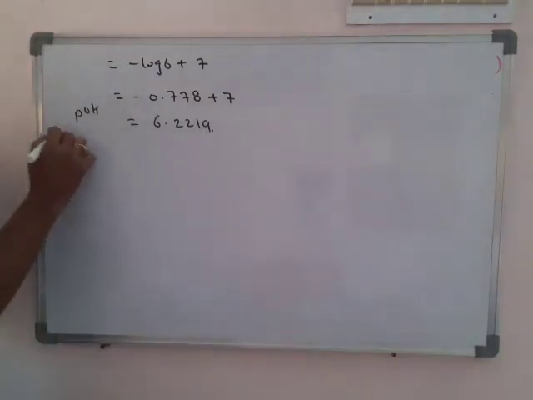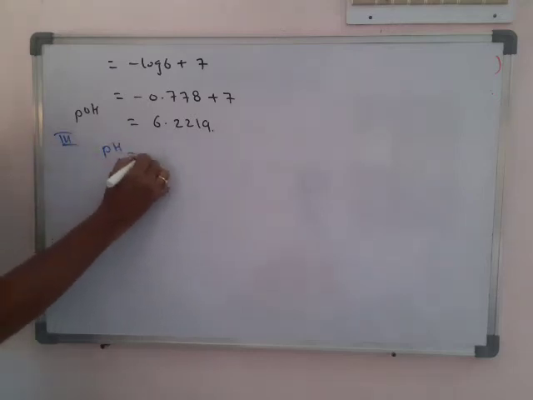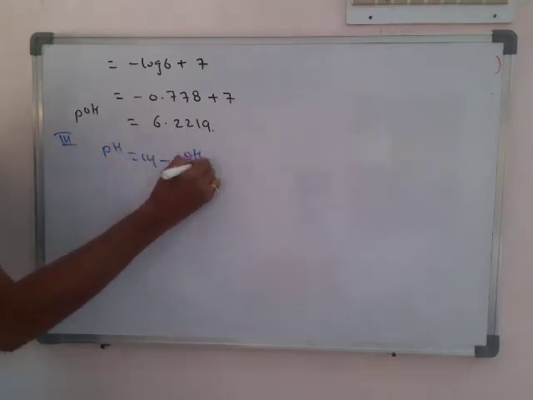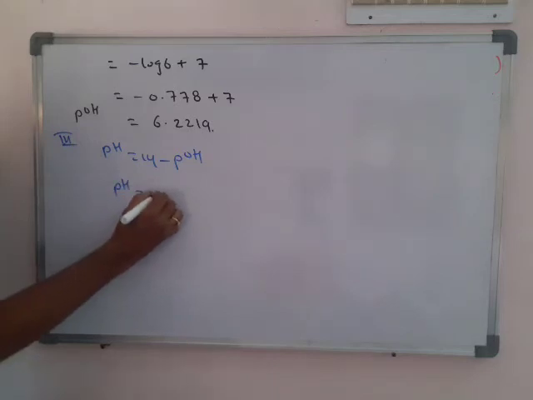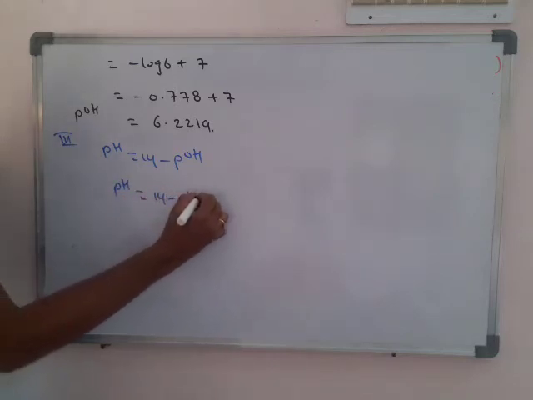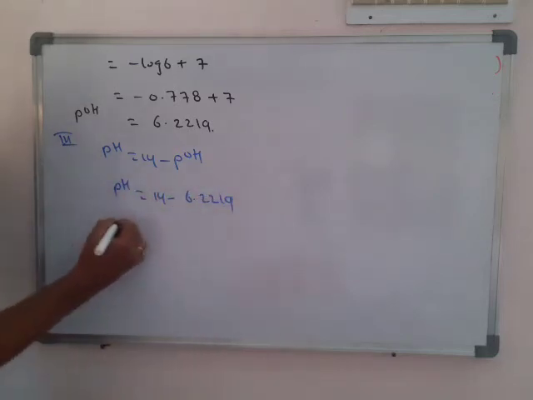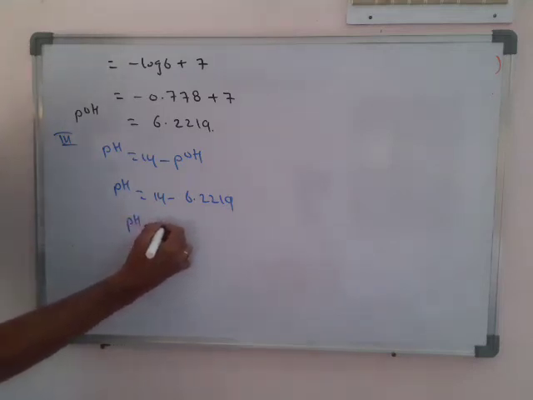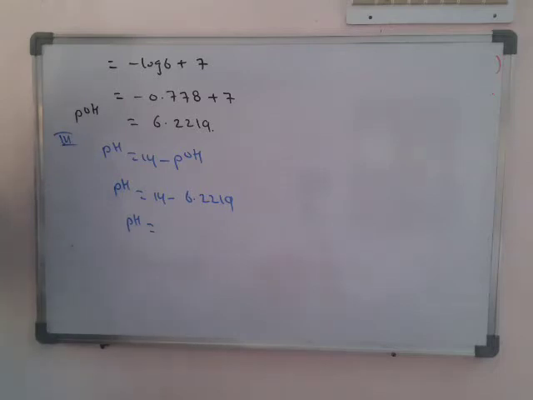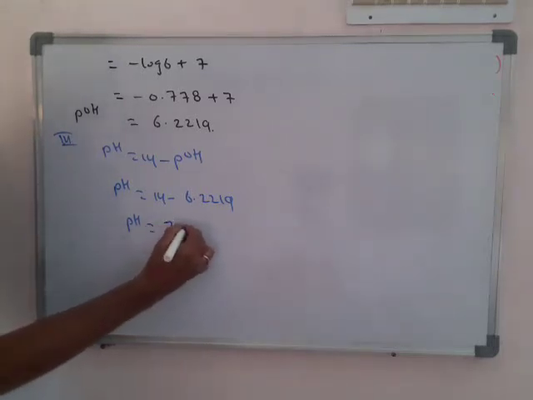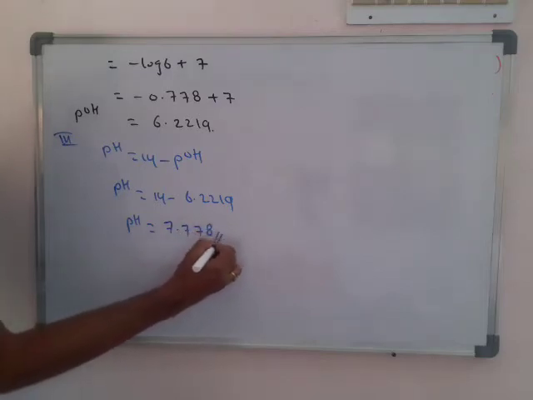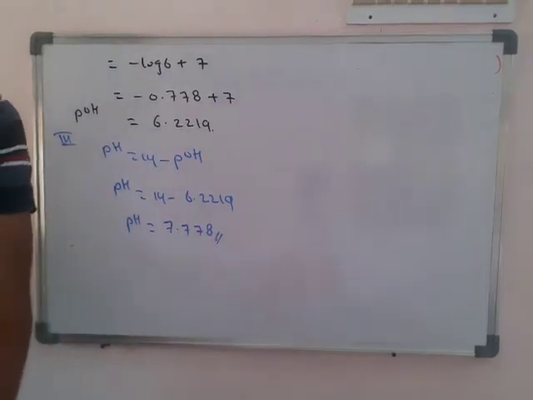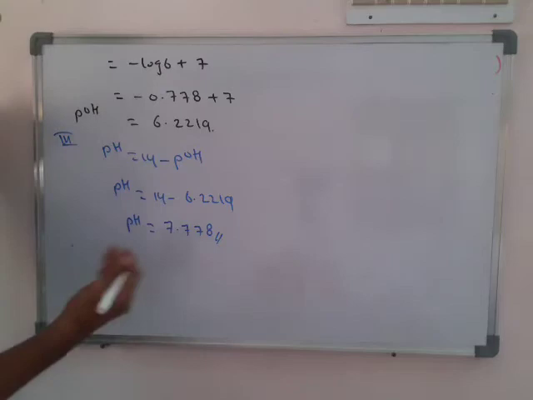Take it as the third step: pH is equal to 14 minus pOH. So pH equal to 14 minus 6.2219, so pH equal to 7.778. Approximately it is given as 7.8 in the options.